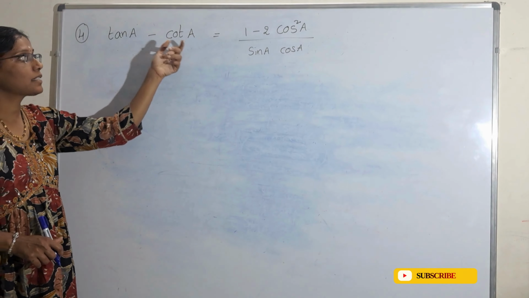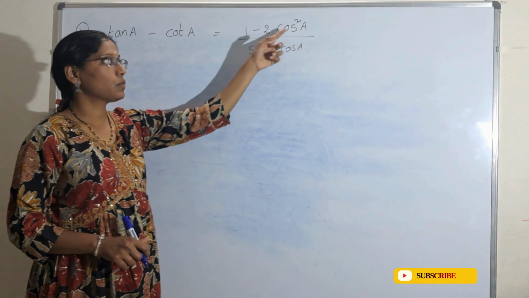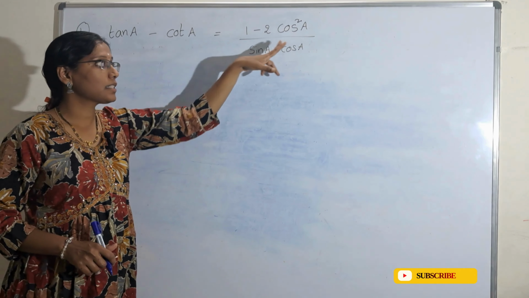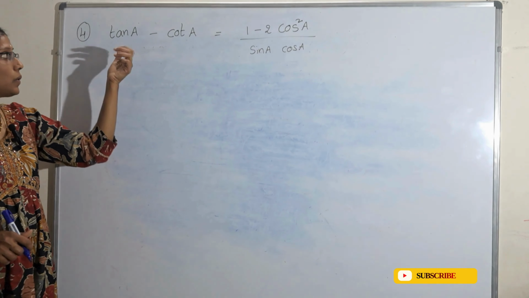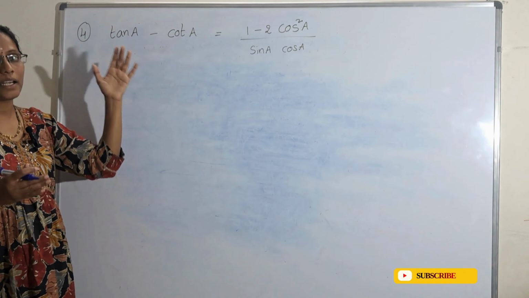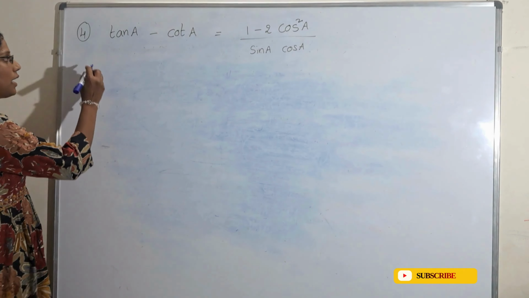Next problem is the fourth one. Tan A minus cot A is equal to 1 minus 2 cos square A by sin A into cos A. The right hand side has only sin and cos terms, so we have to write the LHS in terms of sin and cos only.